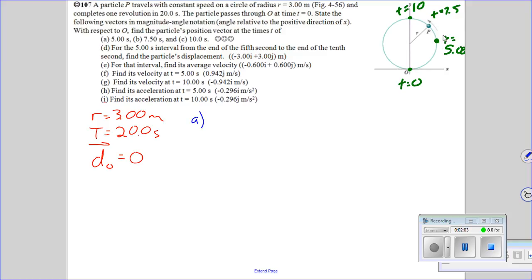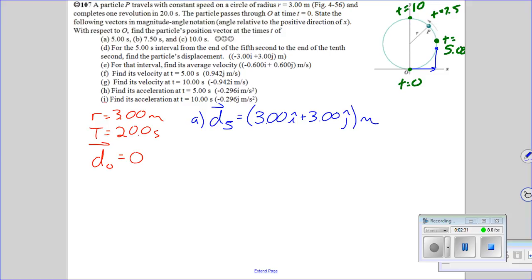Question A wants to know the position after 5 seconds. I'm being a little bit sloppy with my notation there. Well, after 5 seconds, you've moved horizontally 1 radius and vertically 1 radius. Nope, I keep wanting to make the radius 5. The radius is 3. So our position there is going to be 3i plus 3j, and that's all in meters.